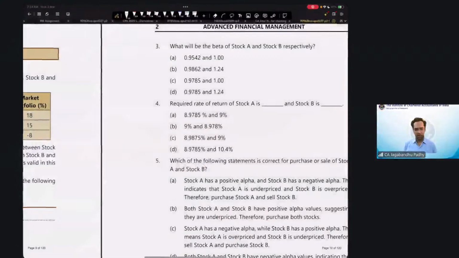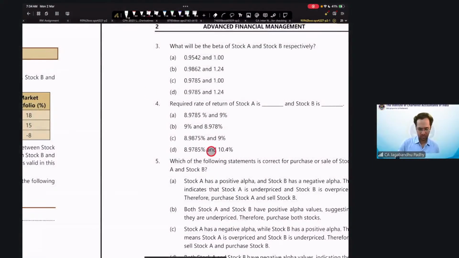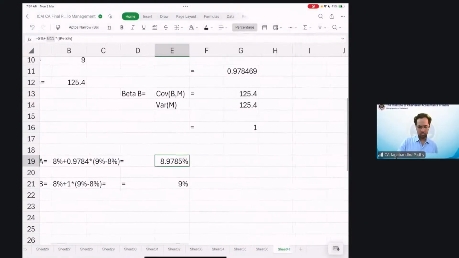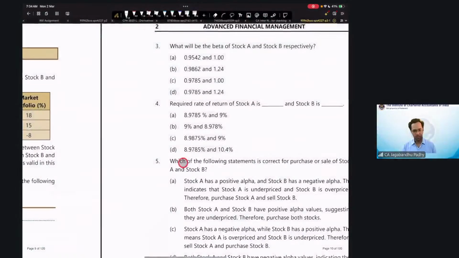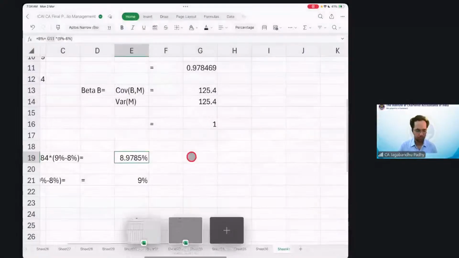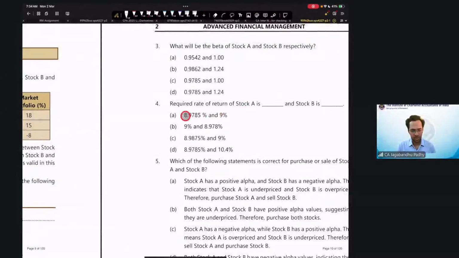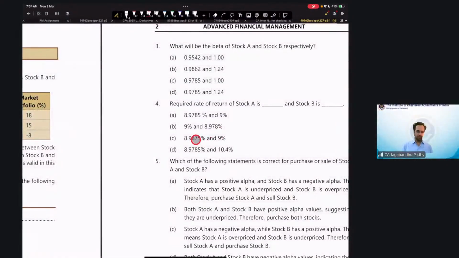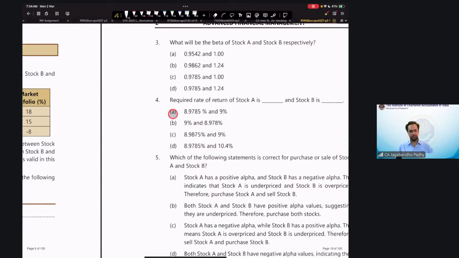So 8.98 and 9%. So option A, right? 8.9785. Yes, sir. So option A is correct for the fourth one.